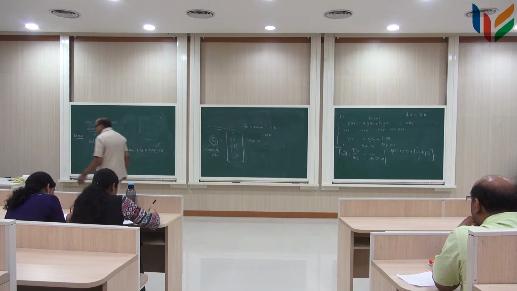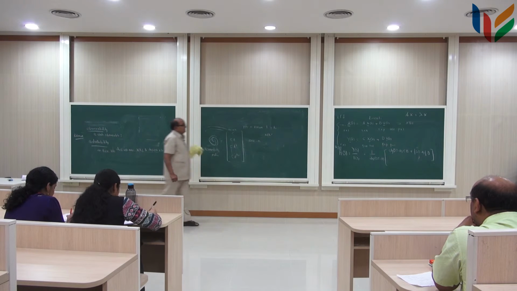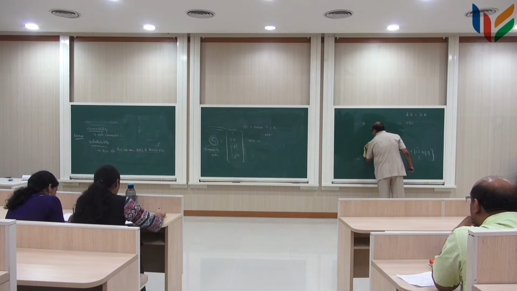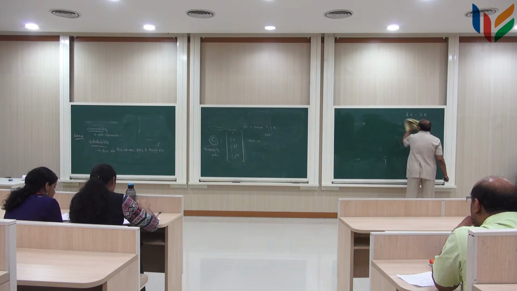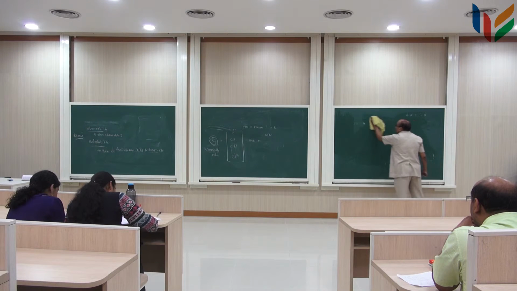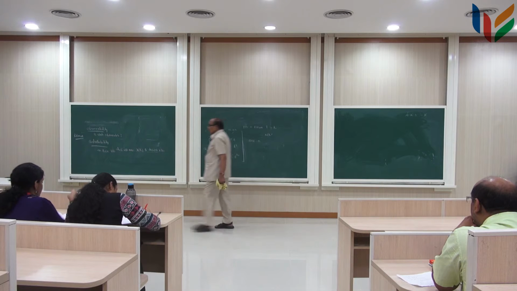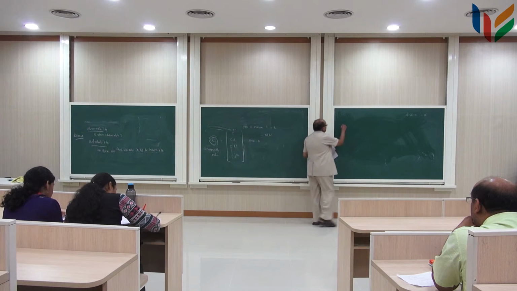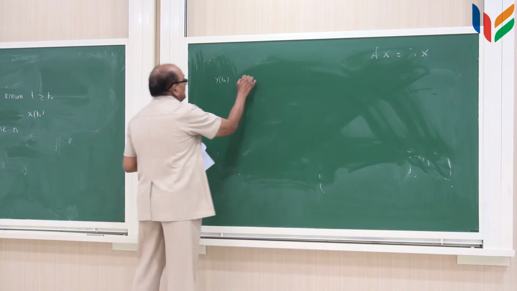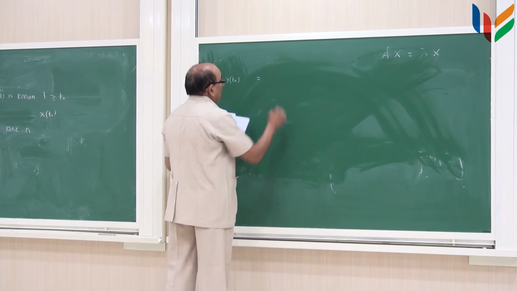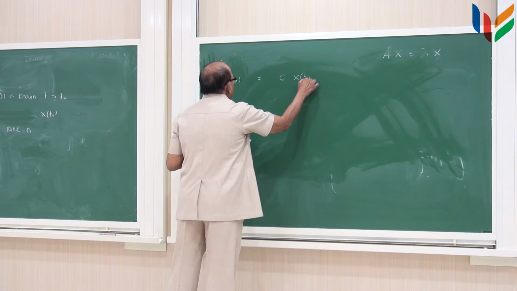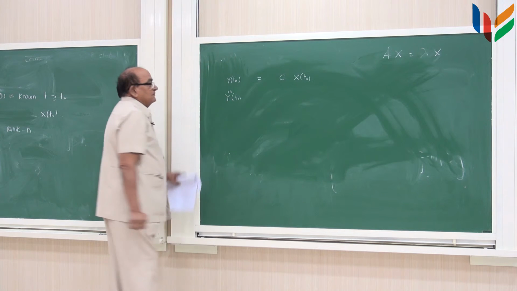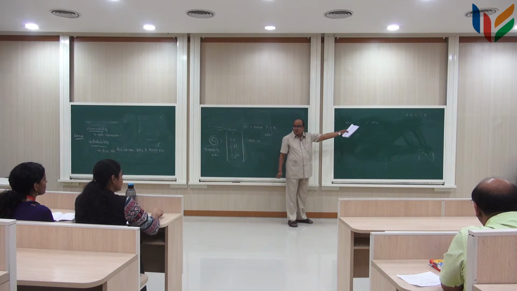Proof of this is quite straightforward. Proof of this goes like this. y(t0) is Cx(t0), right?